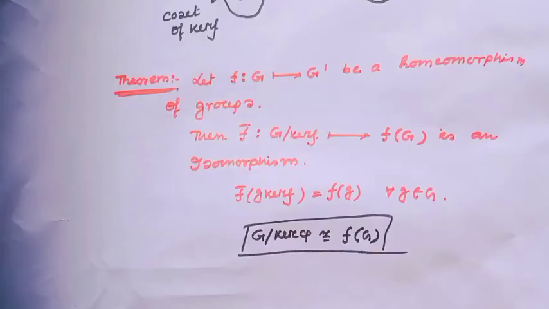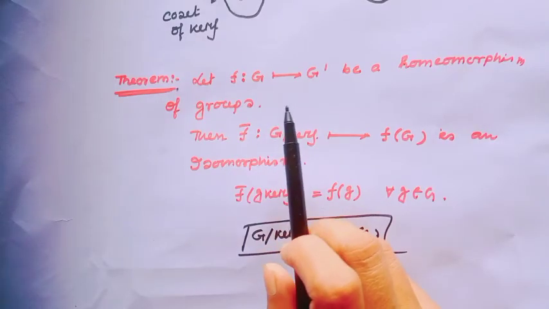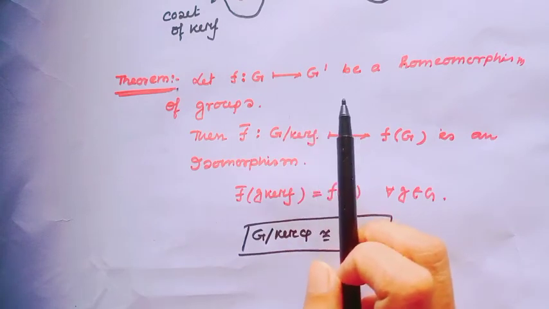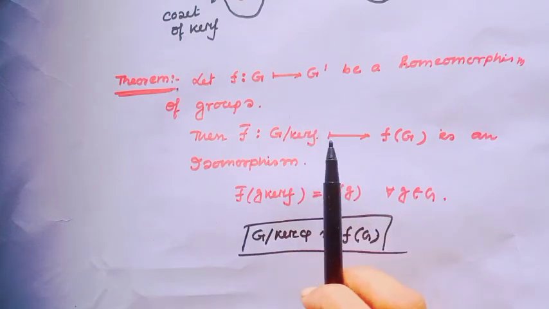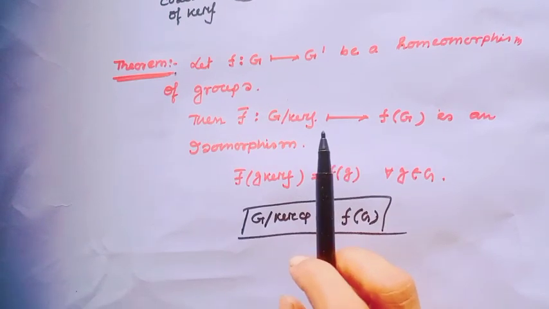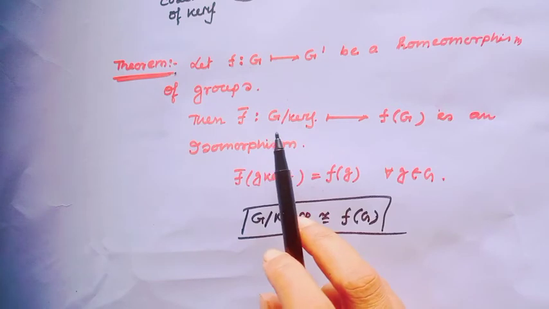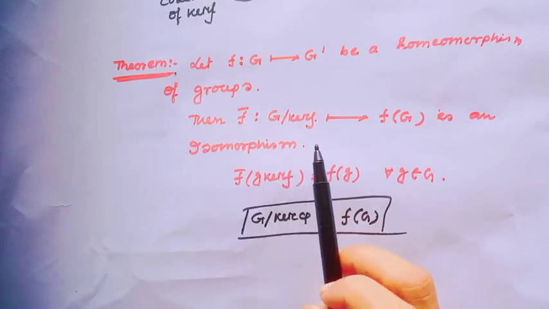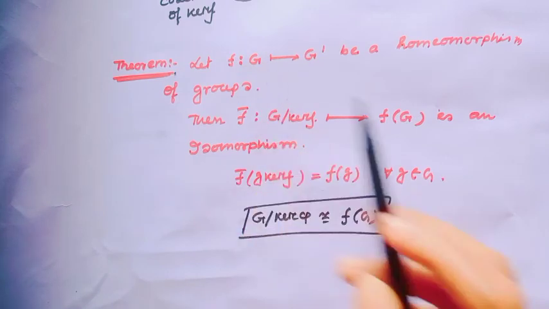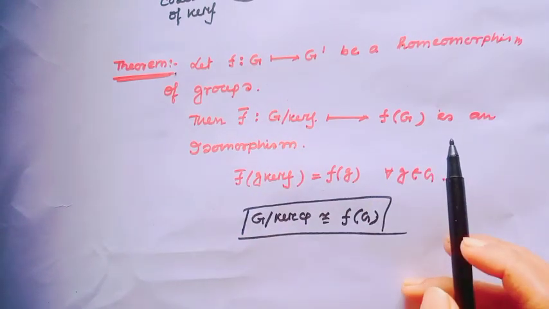Are you getting it? The statement of the theorem is: f is a homomorphism from G to G dash. Then we create a factor group G mod ker f, and there exists a new mapping f bar from G mod ker f to the image of the group f(G), which is an isomorphism.